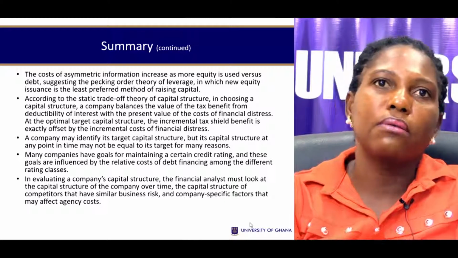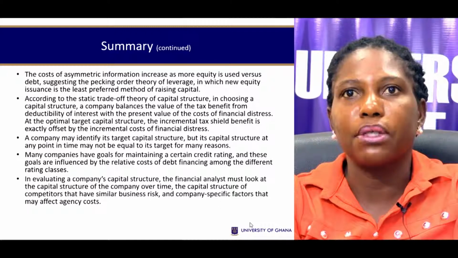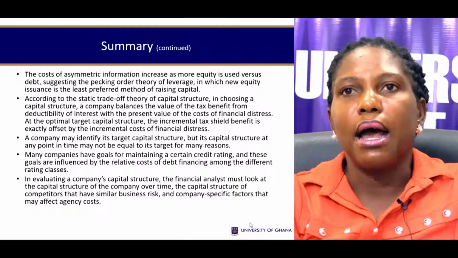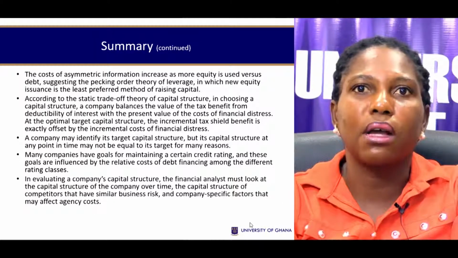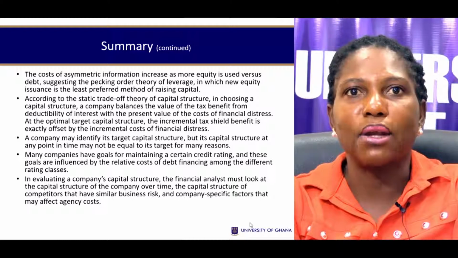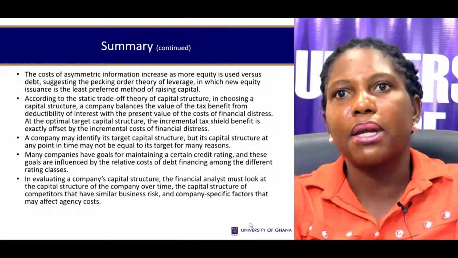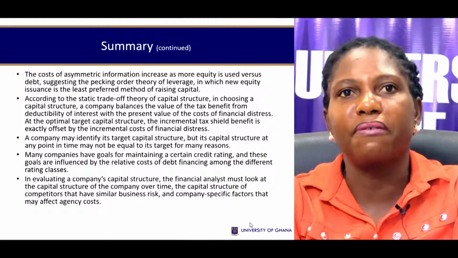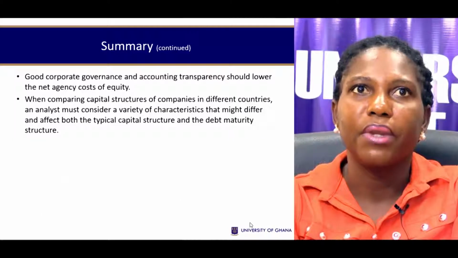Now, in general, as already indicated, when evaluating the company's capital structure, the analyst needs to look at the capital structure of the company over time, alongside competitors with similar business risk, and other company-specific factors that may affect the agency situation of the company.